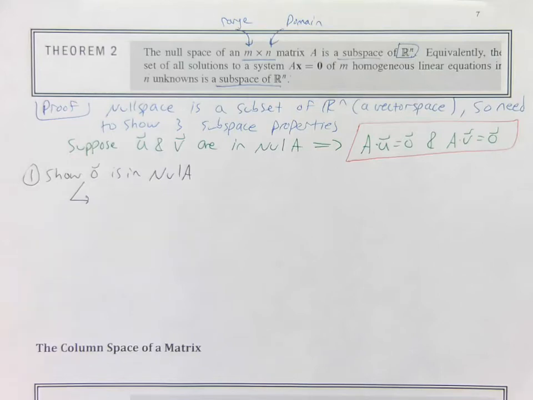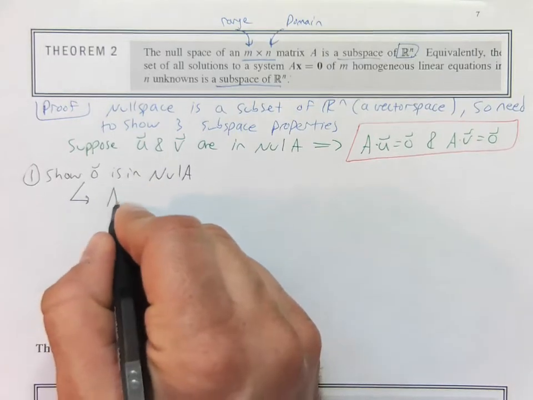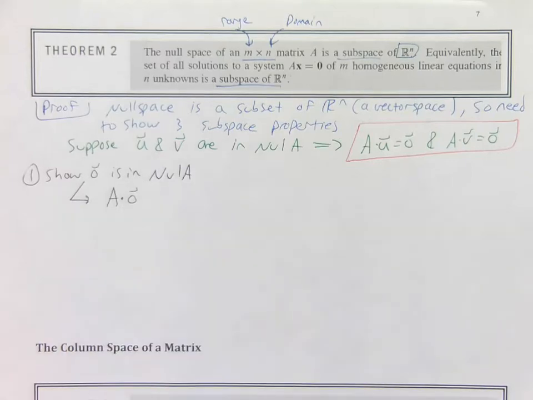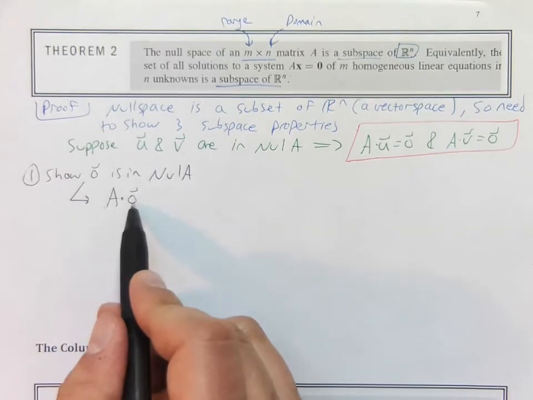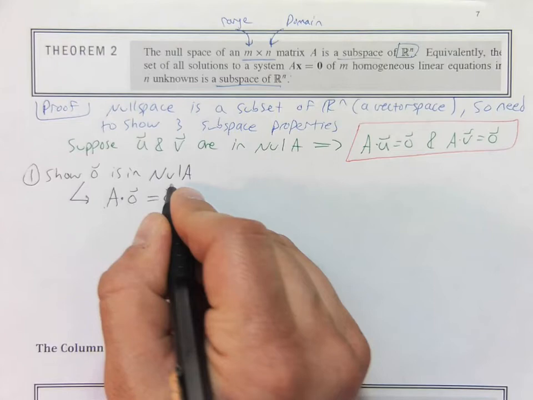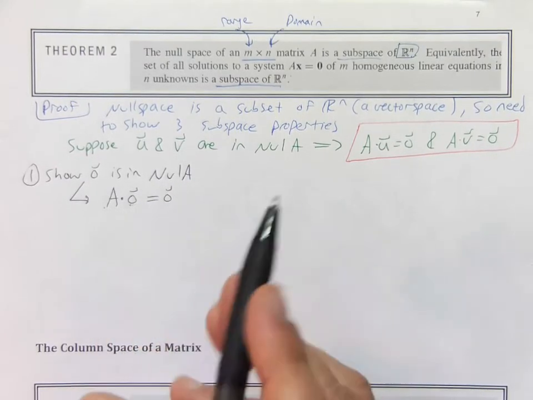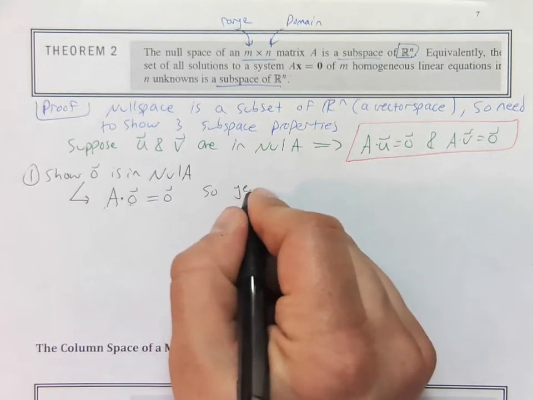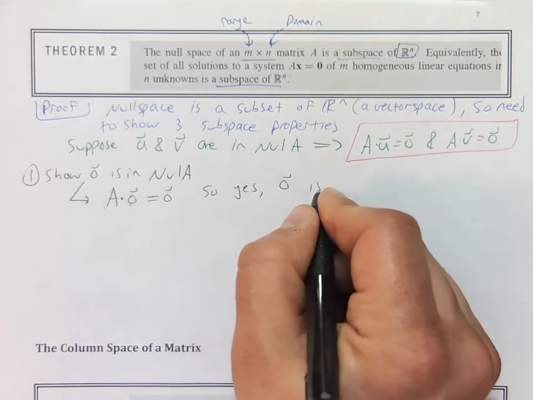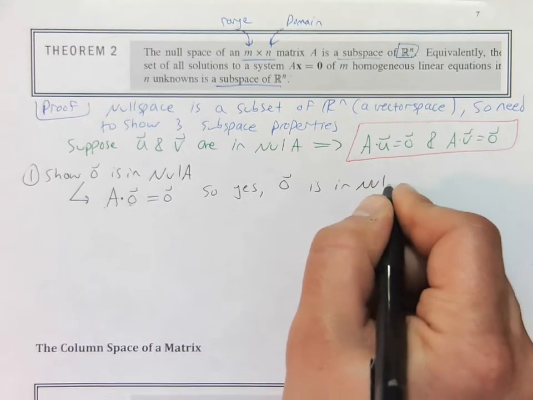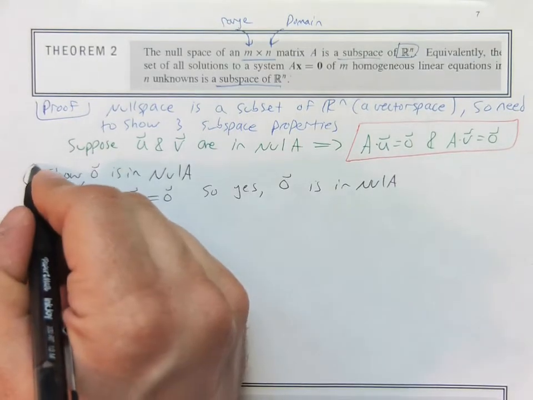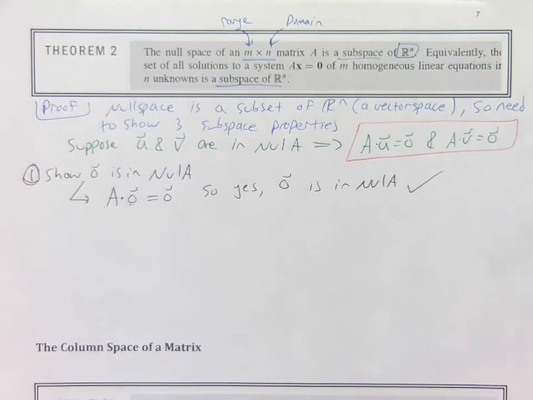That's the definition of the null space. So let's take A and multiply it by 0. We know that when we multiply anything by 0, we get the 0 vector. So 0 is in the null space because when we multiply it by A, we get the 0 vector. So yes, 0 is in the null space of A, and property 1 is satisfied.